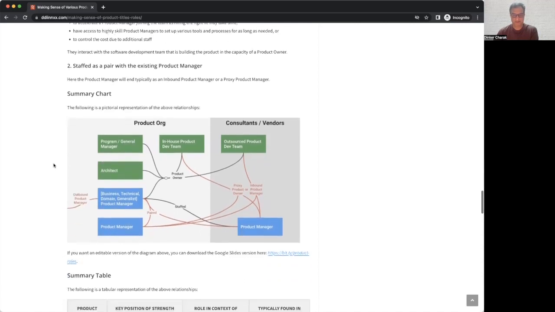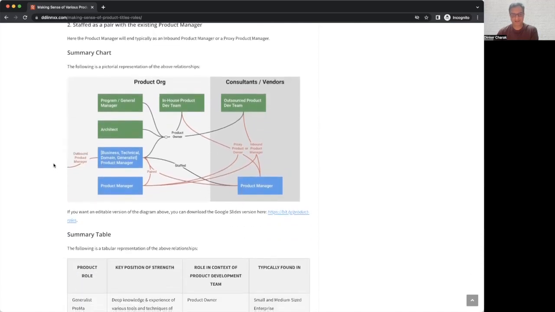So these are the various roles. I know the conversation started with product manager, and now it has become this complicated chart, but that's how it is, right?